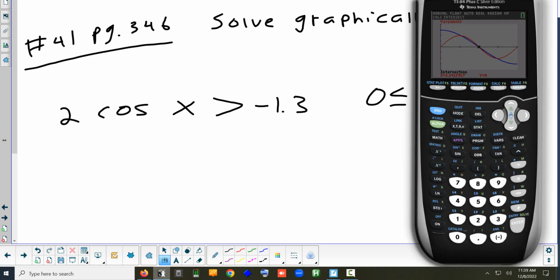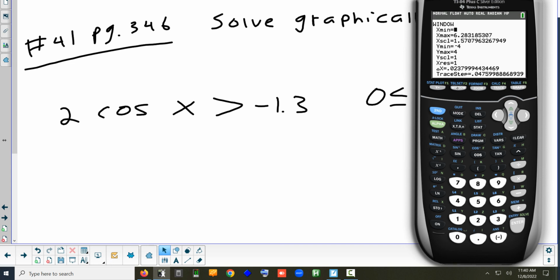Same window. This time, how high and low do I need to go? -2 to 2. So let's just go -3 to 3. Just gonna zoom us in a little bit. Probably don't need to. Why do you think it should?